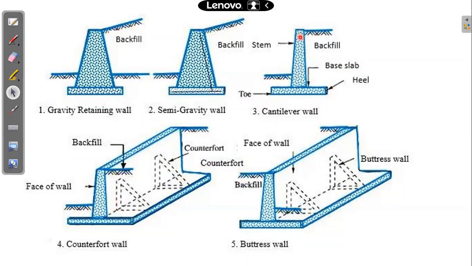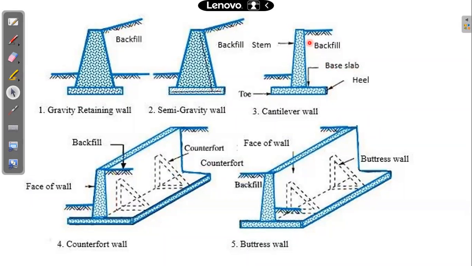This stem behaves as a cantilever. It is connected with this base slab. This entire slab, what you find here, is a base slab. Again, in this you have the toe portion and the heel portion, and together all of it we call the base slab.